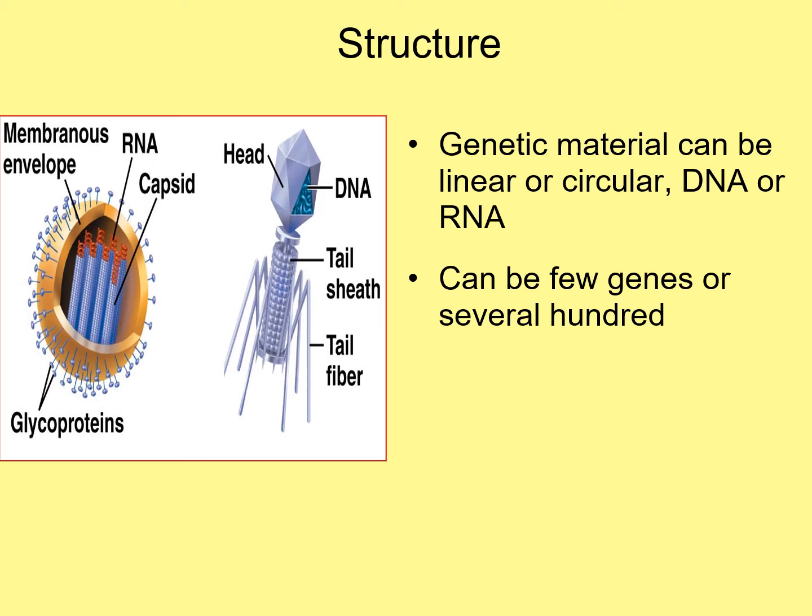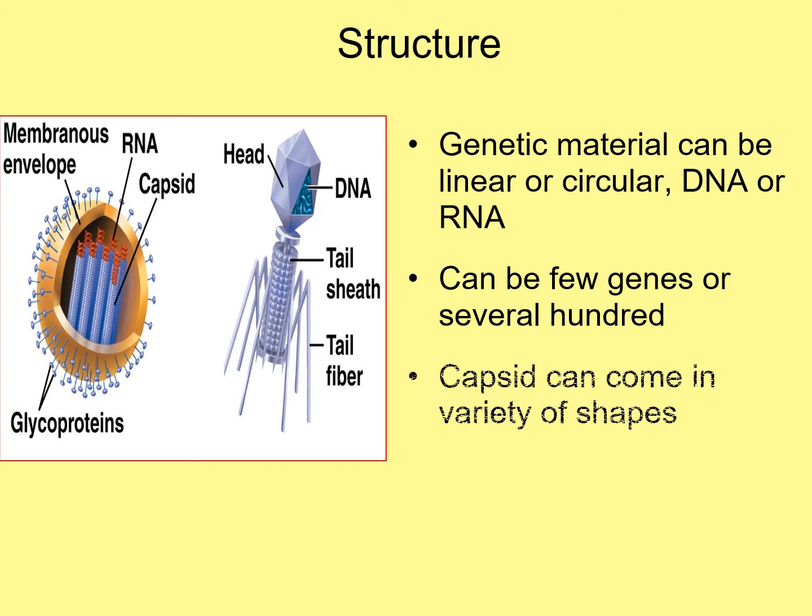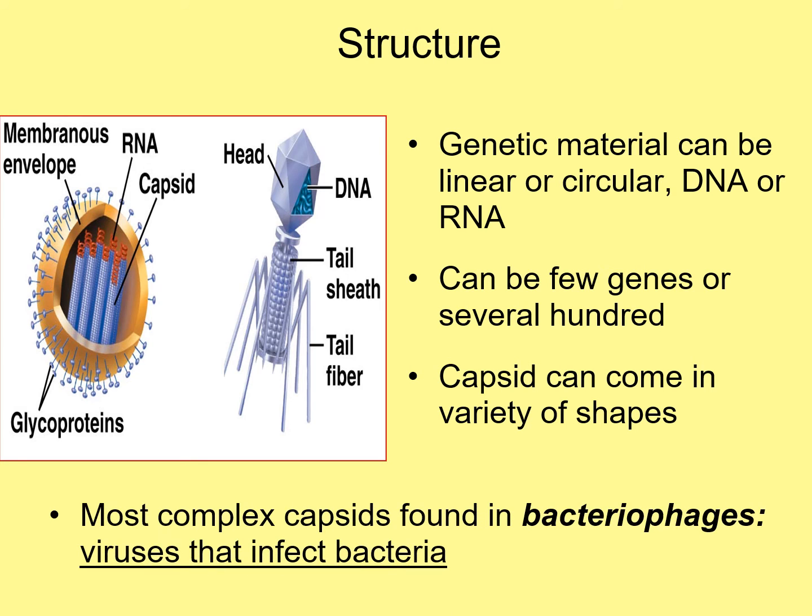The capsid then, sometimes it's just the protein coat and the genetic material, like the virus on the right here, is very typical of what a bacteriophage looks like. A bacteriophage is a virus that specifically infects bacteria, as the name implies, right?